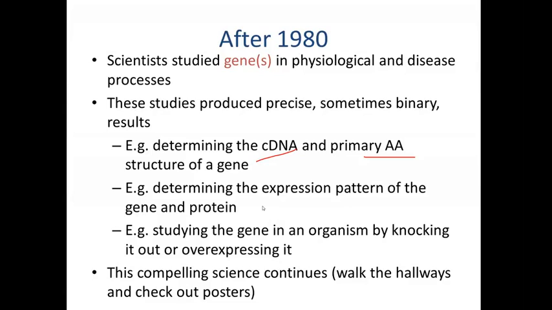And of course, using genetics to perturb gene function in an organism by knocking it out or overexpressing it. All of this is really compelling science, and it continues to this day. Walk the hallways at Penn or in any other major research institution, and most of the posters will be pursuing this style of research.